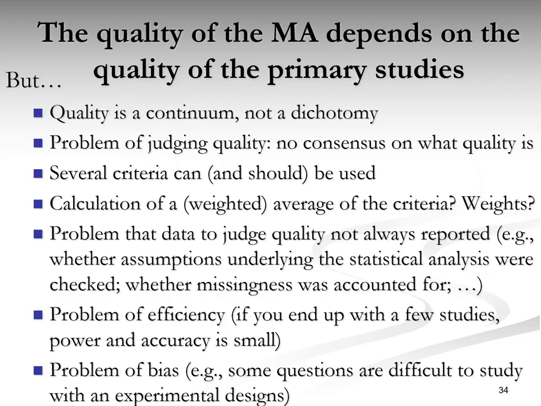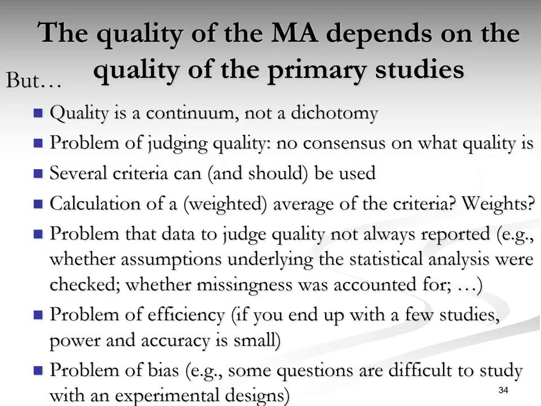Another problem is the problem of bias. For instance, we know that the internal validity of experimental designs is higher than the internal validity of correlational designs. But sometimes it's very hard to use an experimental design.